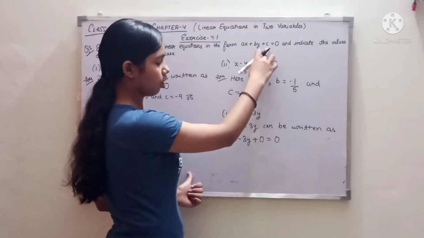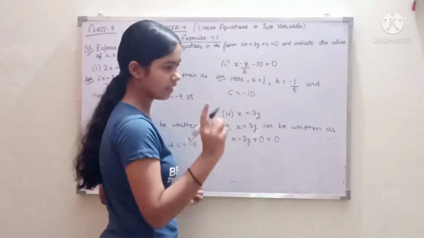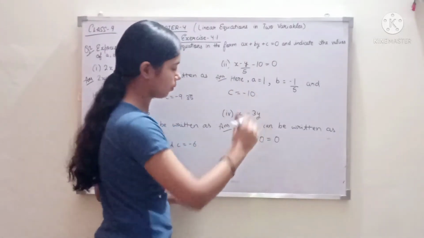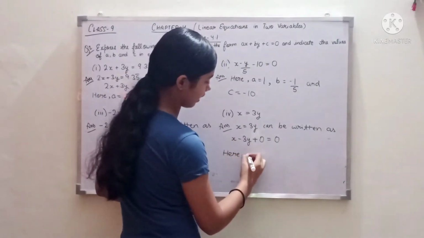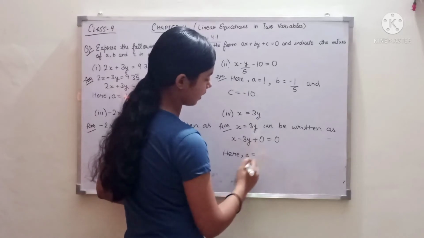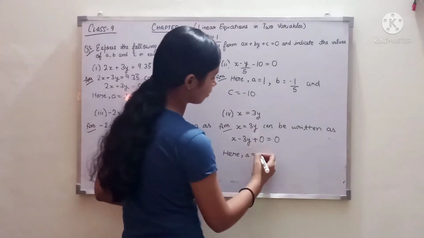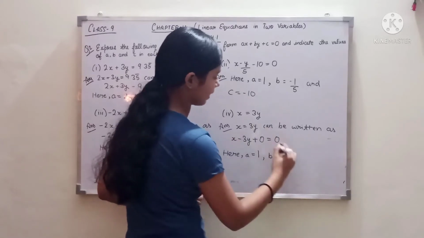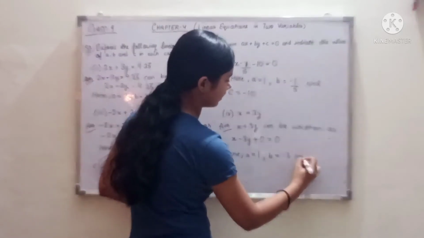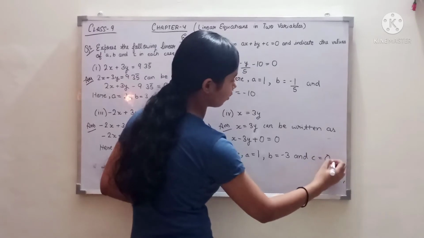Here we have not mentioned any c, so we write 0. So here a is equal to, x is not multiplied by anybody, it is multiplied by 1. b is equal to minus 3. And c is equal to 0.